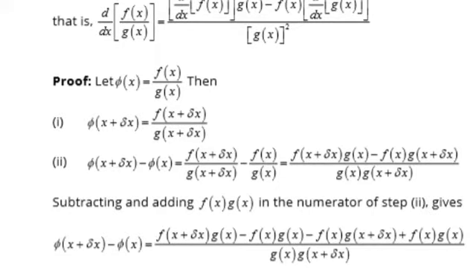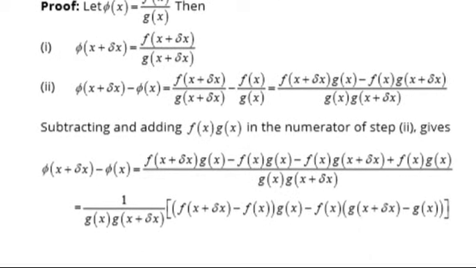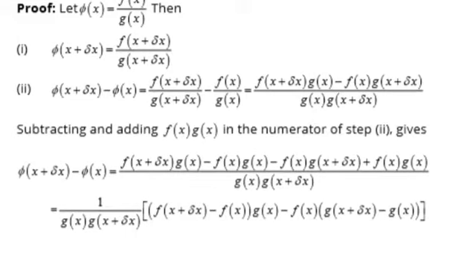Then we subtract these values taking LCM, and we add and subtract f of x and g of x in the numerator, and then we arrange these values. From the first two values we take g of x common, and from the second two values we take f of x common, and divide by delta x.